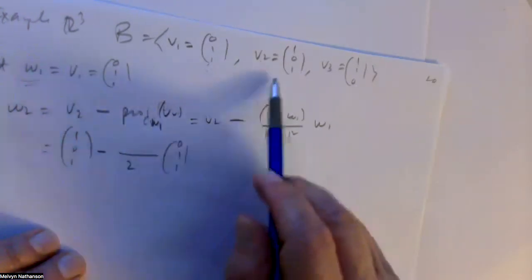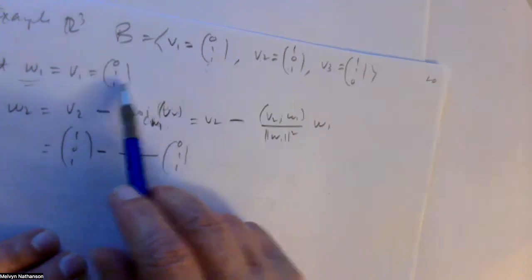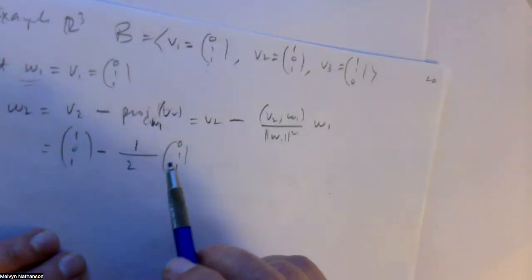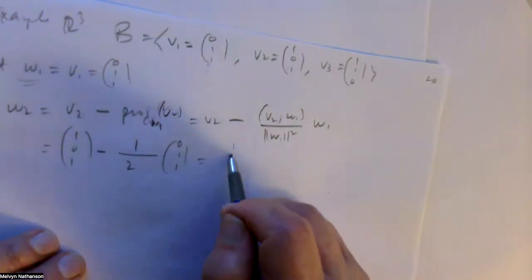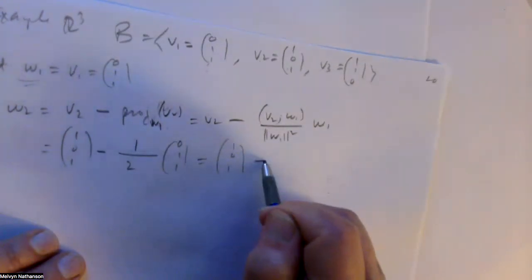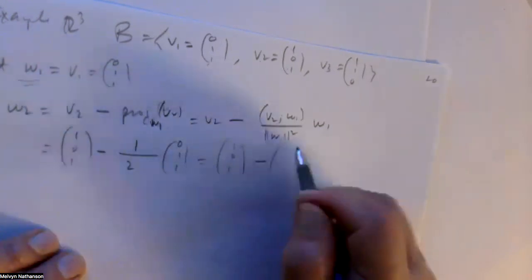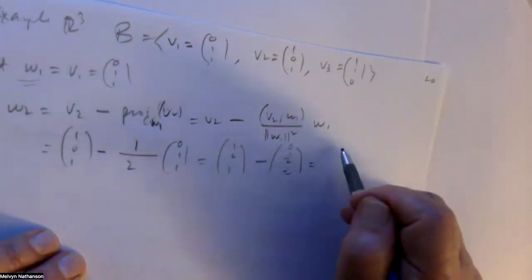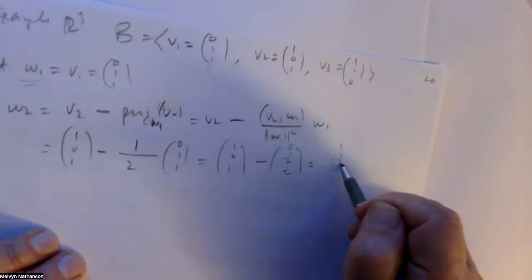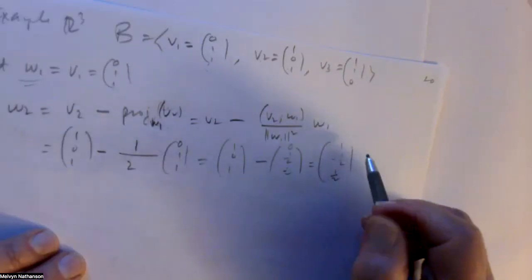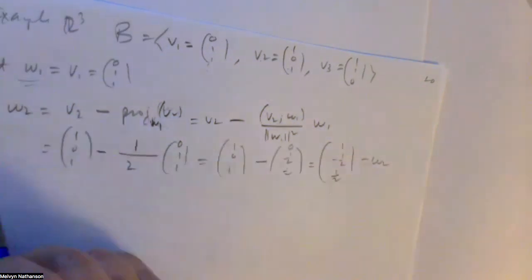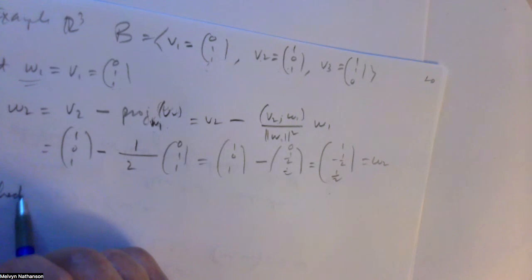The inner product of V2 and W1 is 0 plus 0 plus 1. It's a half. So this is 1, 0, 1 minus a half times this vector, 0, 1, 1, which gives 0, a half, a half. That's the vector 1, minus a half, a half. That's my vector W2.